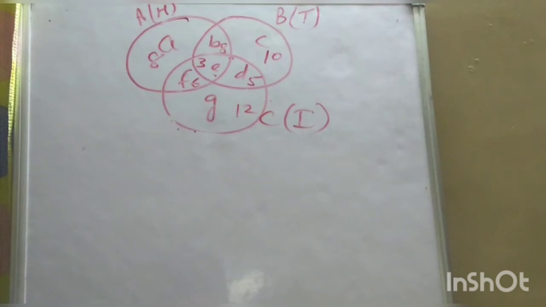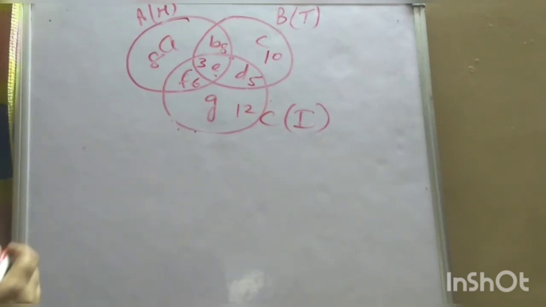Third part is to find the number of people who read exactly 2 of the 3 newspapers.